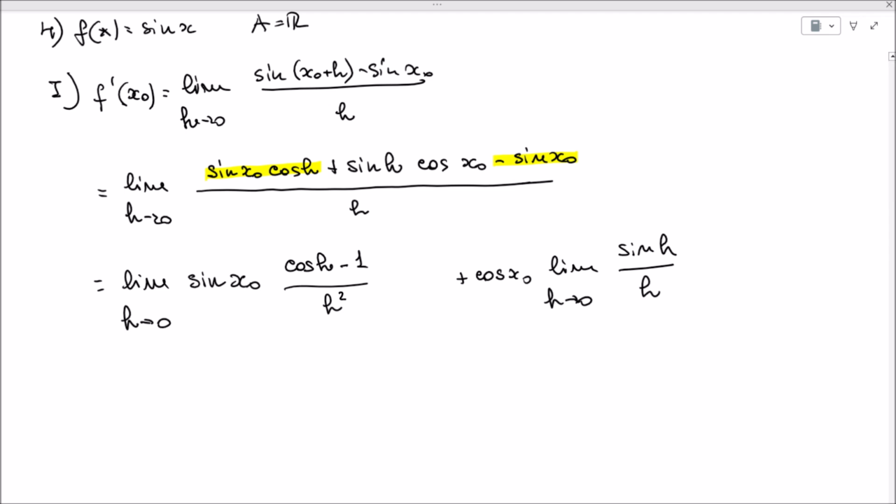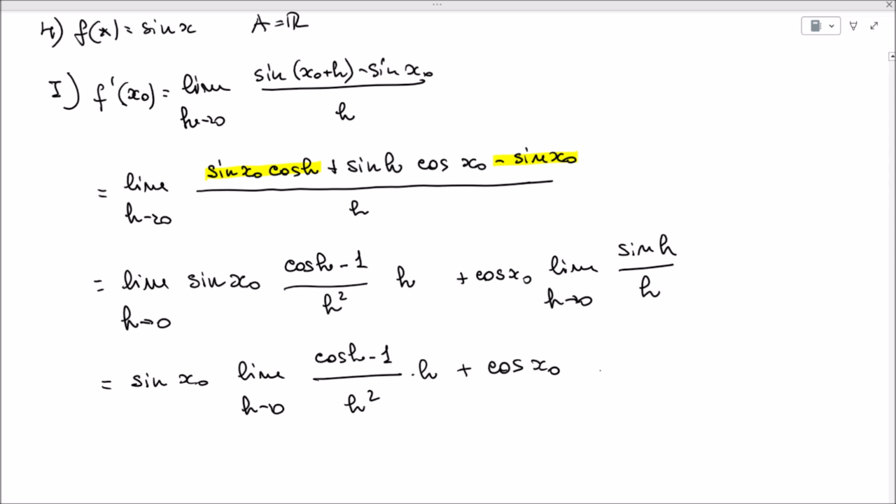So I'll divide by h and multiply by h. And now you see that this is becoming sine of x naught times the limit as h goes to 0 of cosine of h minus 1 divided by h squared times h, plus the cosine of x naught times the limit as h goes to 0 of sine of h divided by h.